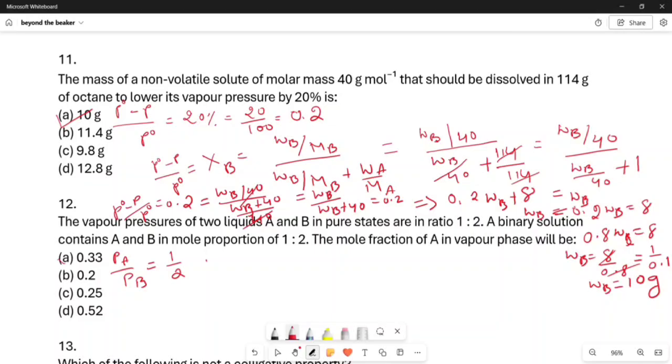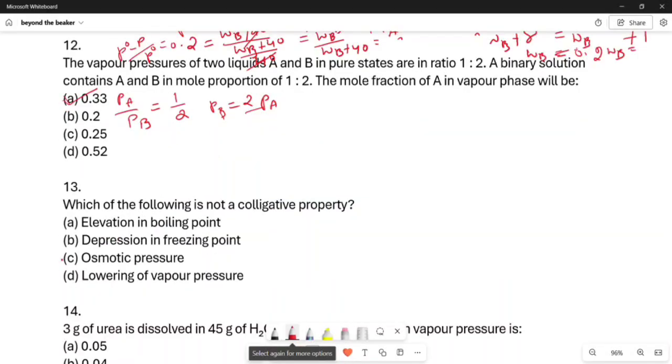Therefore PB is equal to twice the PA. It is given. So a binary solution contains A and B in mole proportions of 1:2. The mole fraction of A in the vapor phase is given by PA divided by PA plus PB.